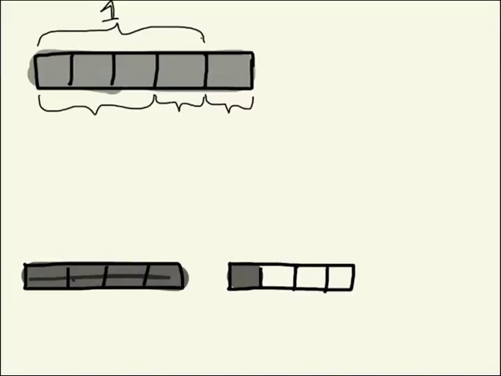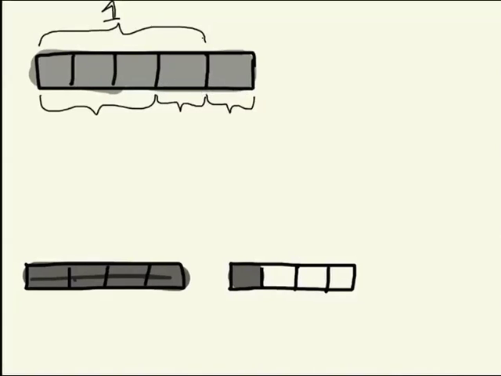If I combine them and cut off these parts I'm not talking about, I'm really focusing on this. So what do I have here? Here I have one whole, and here I have 1/4 of the next whole, for a total of 1 and 1/4.